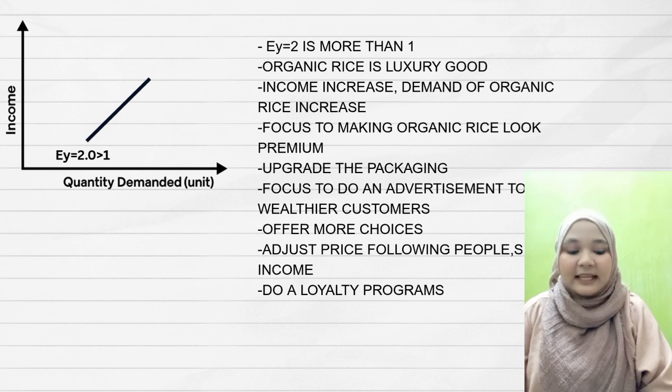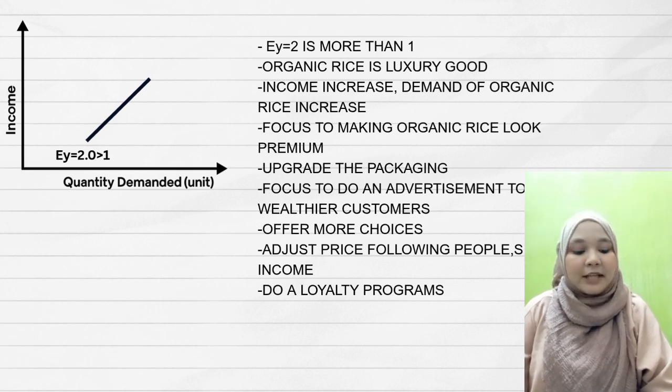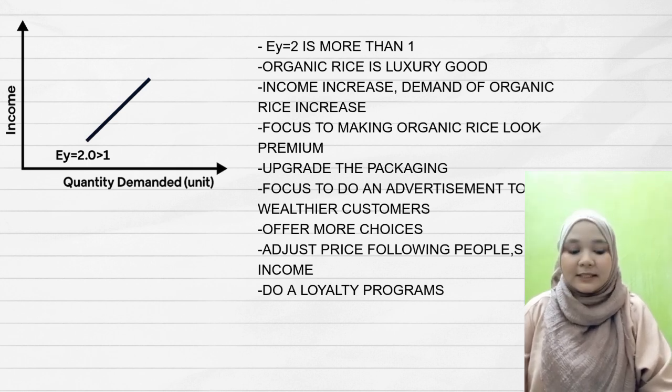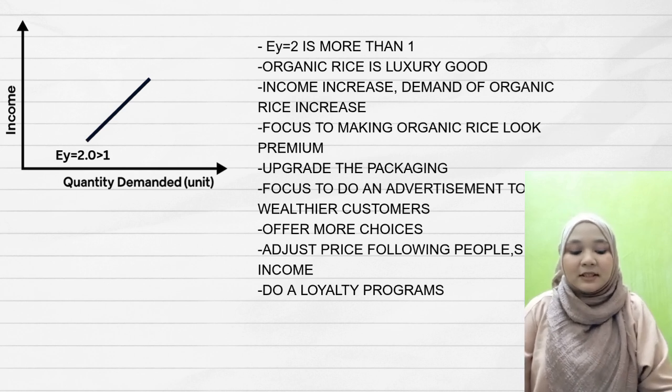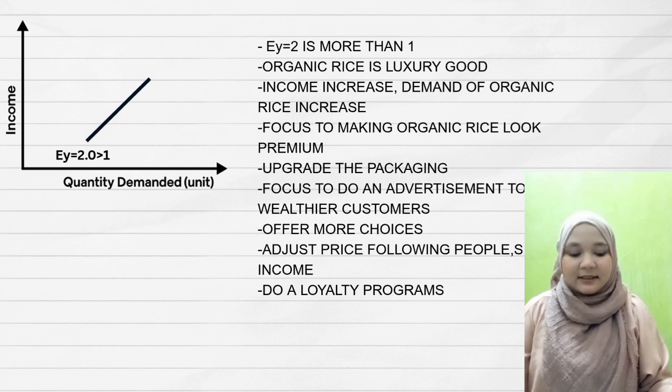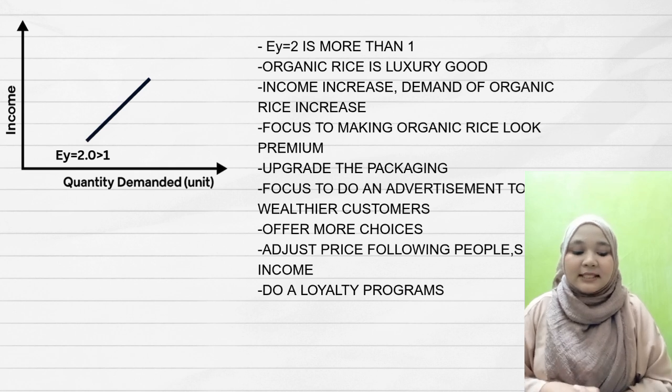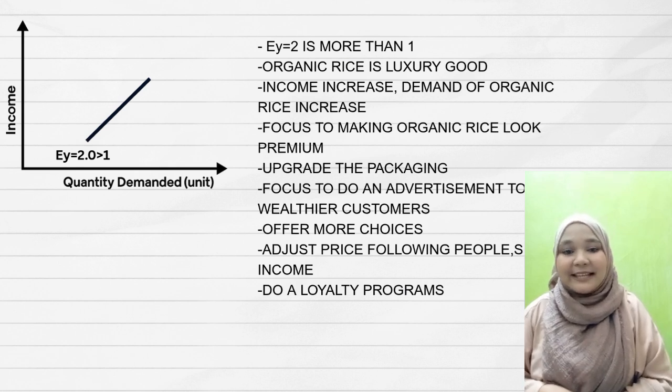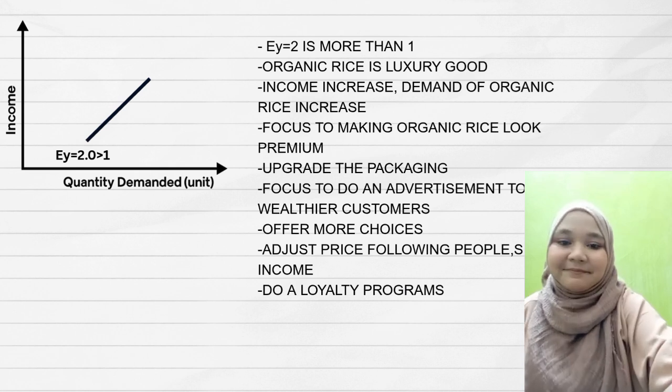For example, they can give cashback or points for every purchase. These steps help the store keep customers interested and attracted, even if their income changes over time. This way, sales remain steady and customers continue buying organic rice.